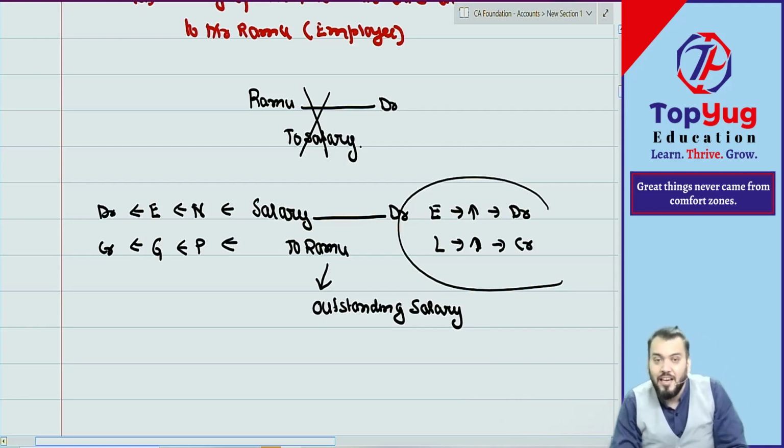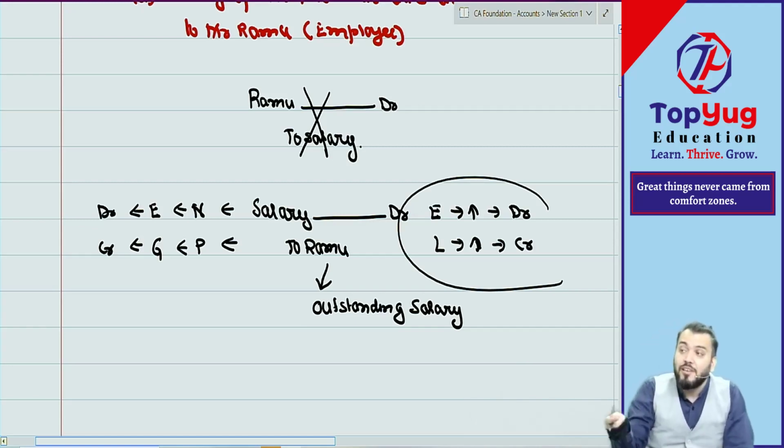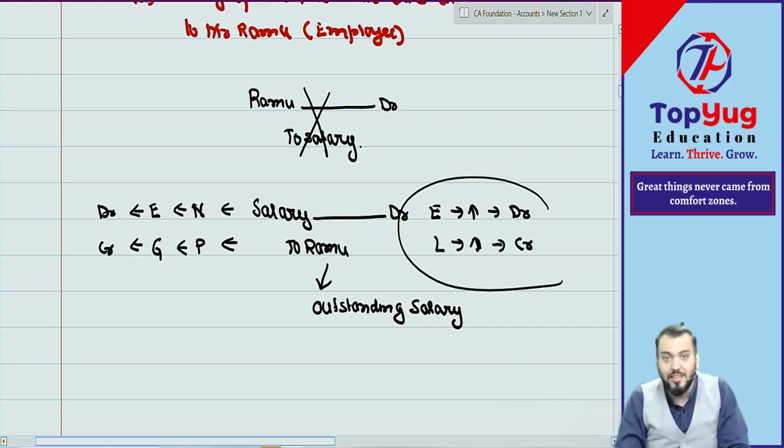That is also correct. In the exam you will pass this journal entry: salary account debit to outstanding salary account. Outstanding salary represents whom? Ramu, or the employee. Which account is it: personal, nominal or real? Personal account, a representative personal account. You will apply the modern rules to that. So outstanding salary represents Ramu.